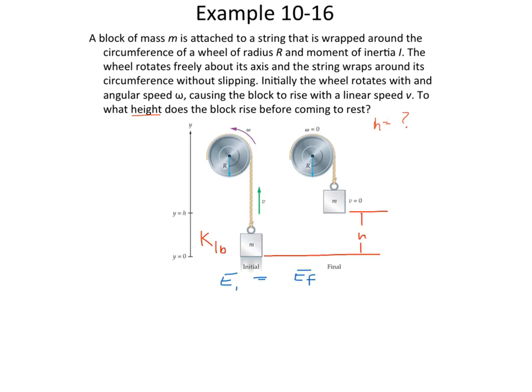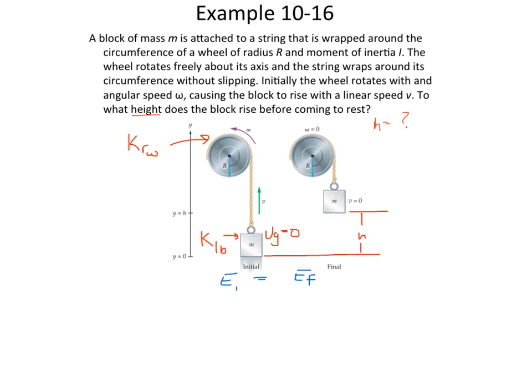That's initially what it has, but also we have this wheel right here that is rotating, and therefore it has rotational kinetic energy of the wheel. So the block doesn't have any height, therefore it has potential energy of the block equals 0, right?